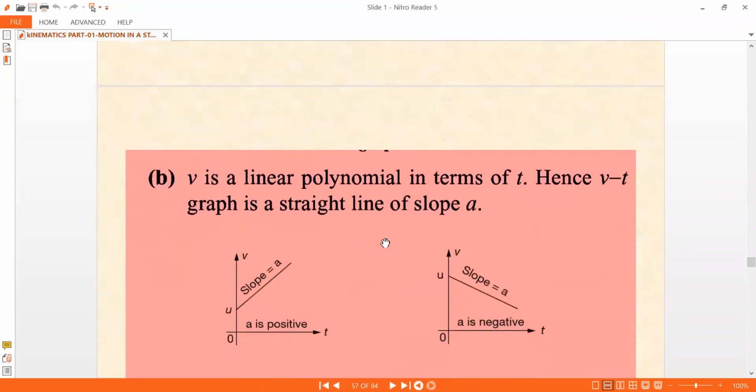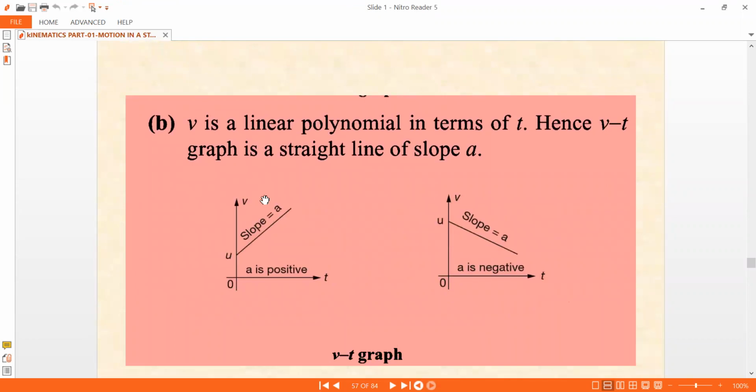The v versus t graph is a linear polynomial in terms of t. If the acceleration is constant, the v-t graph is a straight line of slope a. So if you see this straight line, the particle is accelerating, and if you see this kind of slope, it is a deceleration, a negative slope.